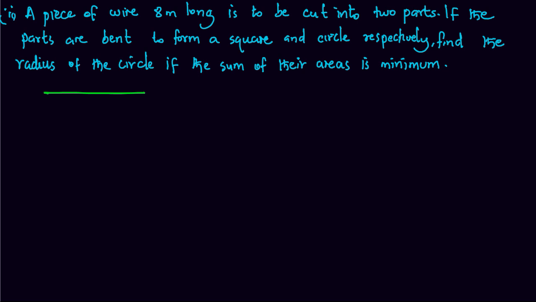We have one part that is bent to form a square, and another part of the wire that is used to make a circle.